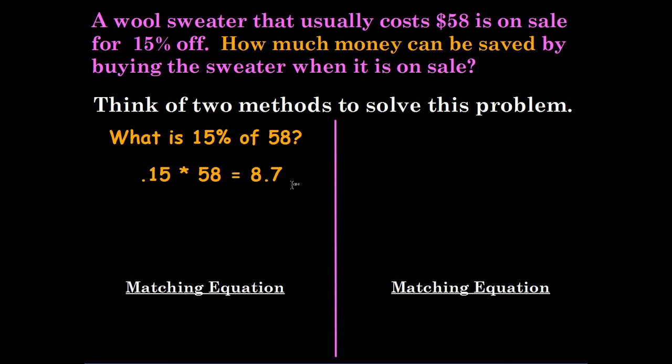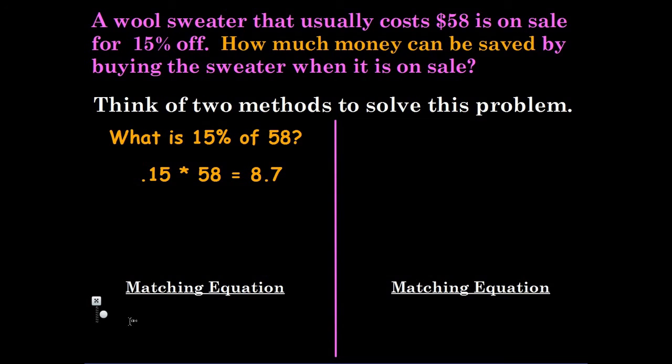Now, a lot of you did this. This is the most straightforward way. We're looking for how much is saved, not how much the sweater actually costs, which I think is what some of us did on the test. And so the most straightforward way of solving this problem would be creating that 15% of x. Sorry, my bad.